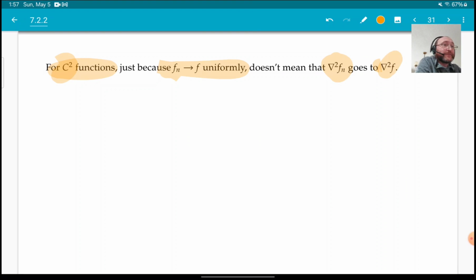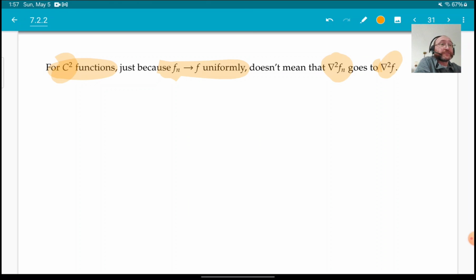In which case, that's kind of obvious then, right? So for C2 functions, if you want convergence, the right sort of convergence would be that you're getting convergence including the derivatives. But that's not what we need.